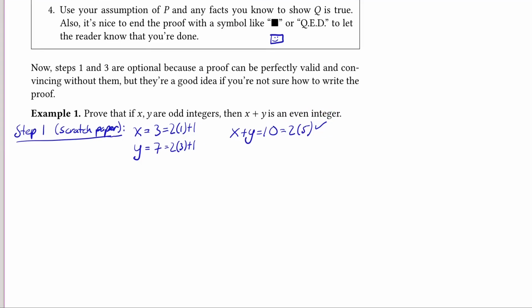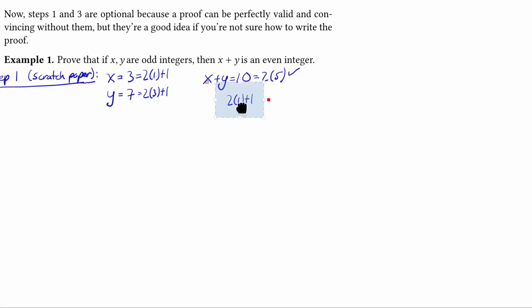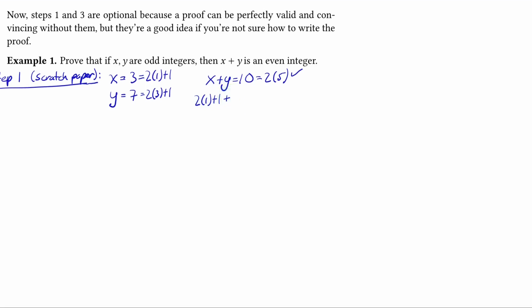Okay. Maybe, what if we wrote x plus y in this expanded form? Maybe that will help us see why this works. So that's x, y is 2 times 3 plus 1.